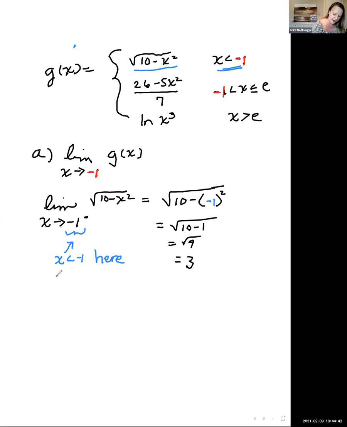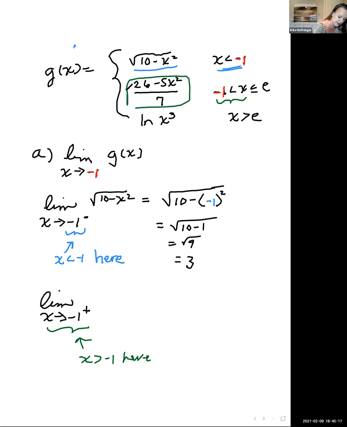So now we want to look at the right-hand side limit. So let's look at the limit as x is approaching -1 from the right-hand side. We're going to put this plus, and this looks like an exponent. These are values where x is greater than -1. So for values where x is greater than -1, but closest to the right, the equation we would use is the second one.